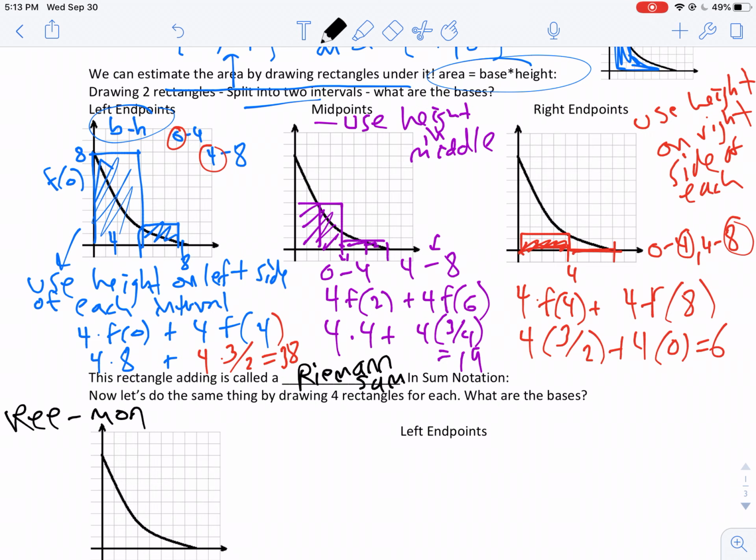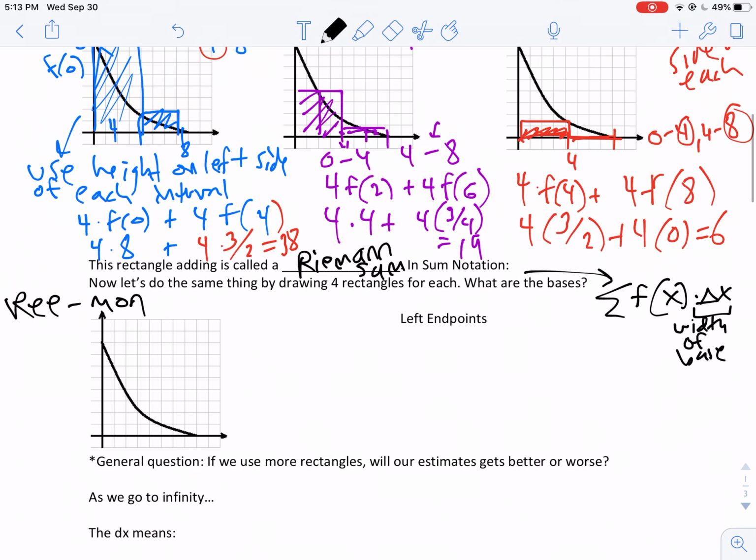If you pronounce his name wrong, I will kick you out of class. Basically what we're doing is we're summing together a bunch of things that are in the form f of x times some delta x, where that delta x, that change in x, that's the width of the base. And I'm just adding a bunch of those together to get an approximation.